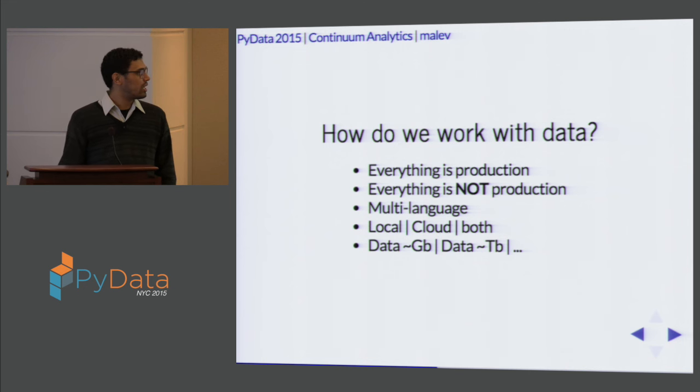We also work in different configurations. Some people just work locally. If you have not so much data, you can just download it to your computer and work from there. Some other people have so much data that they can't do that, so they work mostly in the cloud.